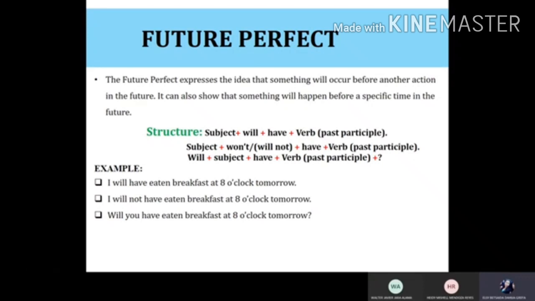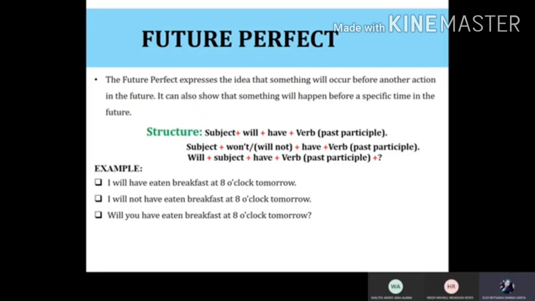In negative, subject plus won't, will not, plus have plus verb past participle. In question form, will plus subject plus have plus verb past participle plus interrogative question. For example, I will have eaten breakfast at 8 o'clock tomorrow.